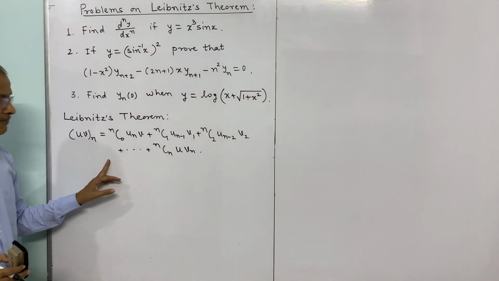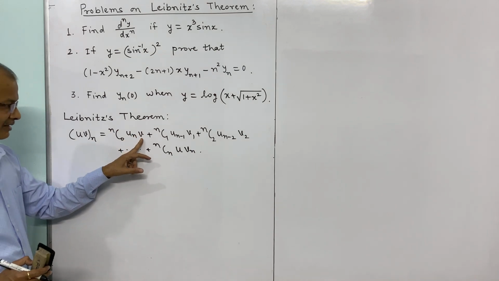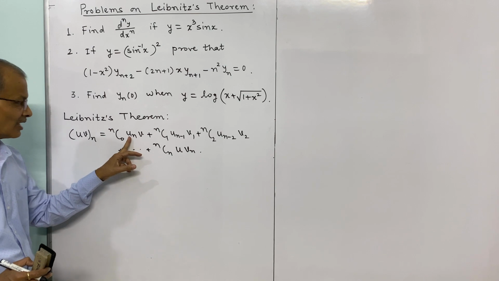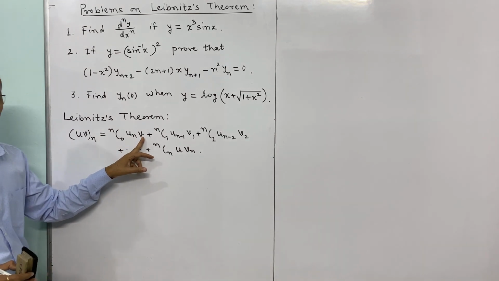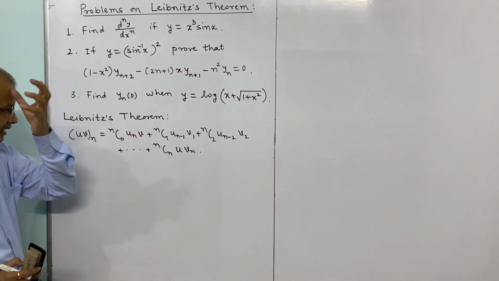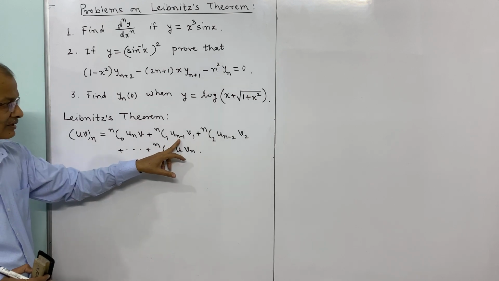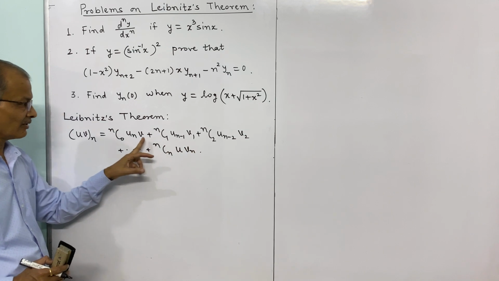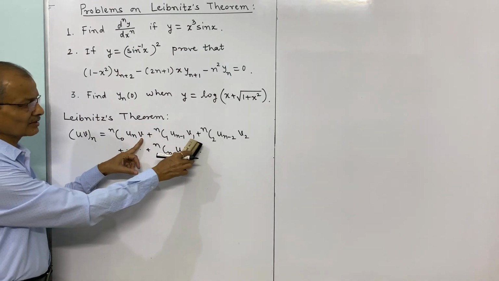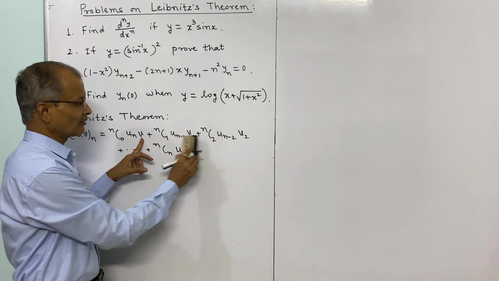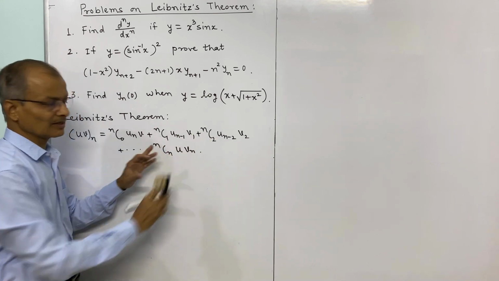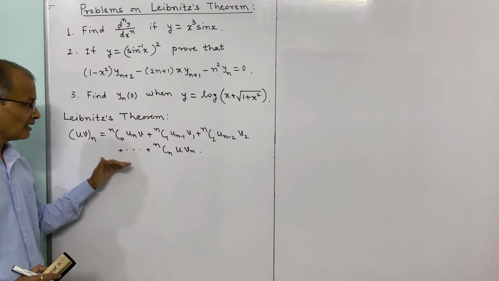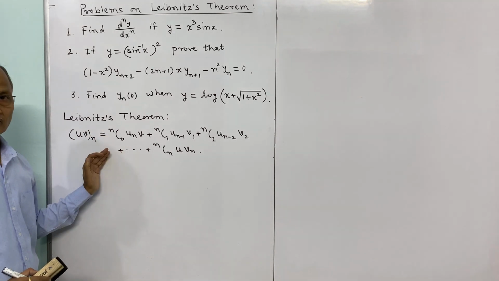And now you see here in the first term v is as it is. We have to take the nth derivative of the first function and we keep v as it is in the first term. And in the second term we have to decrease the order of the derivative of u and increase the order of derivative of v. Here it is no derivative, here it is first derivative. Next it is second derivative, and here the derivative order is decreased. So the terms are changing like this, that we have to note, and then we can easily apply the Leibniz theorem.